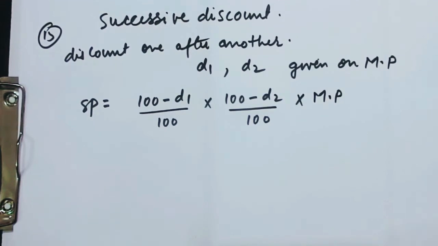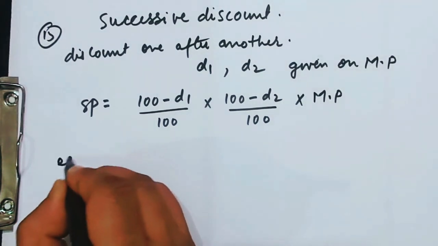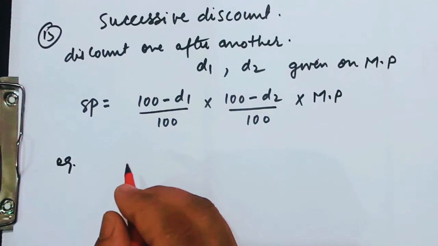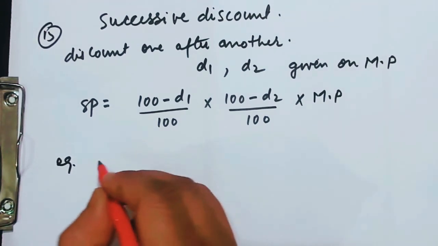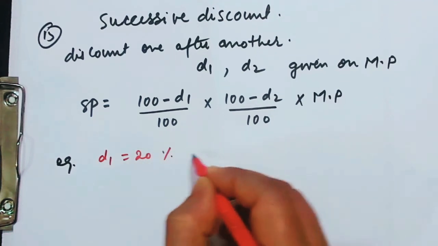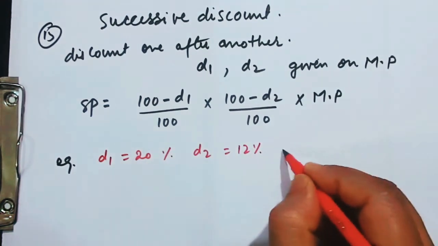Where lies the problem? Okay. For example, the shopkeeper gives discounts of 20 and 12%. So D1 equals 20% and D2 equals 12%. What are they asking you?